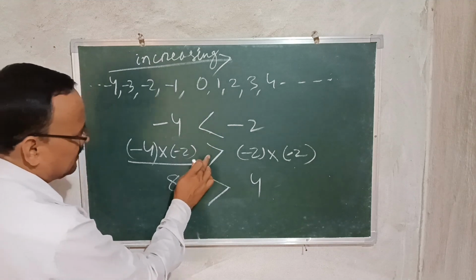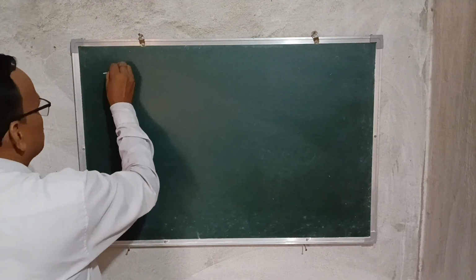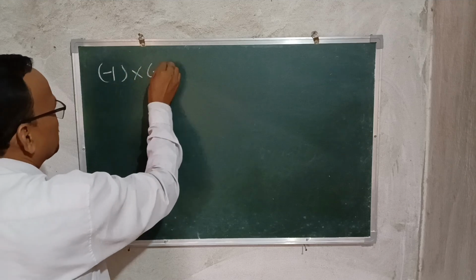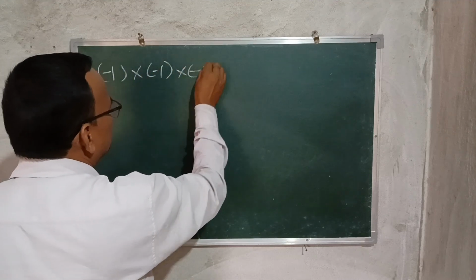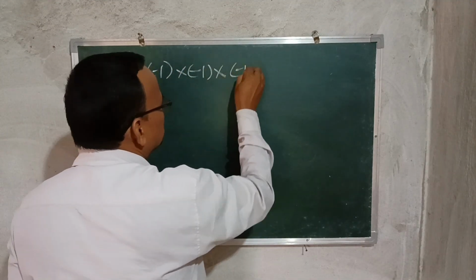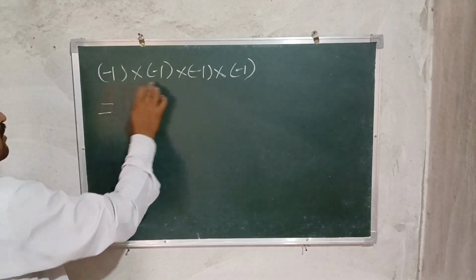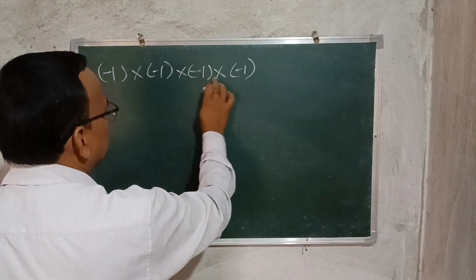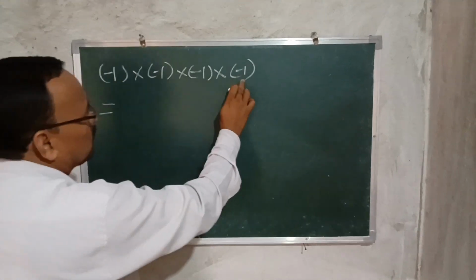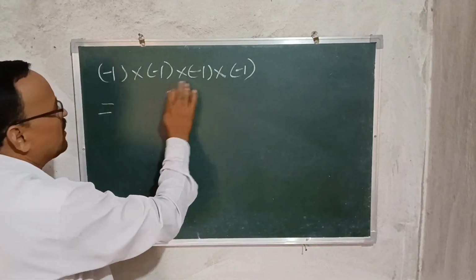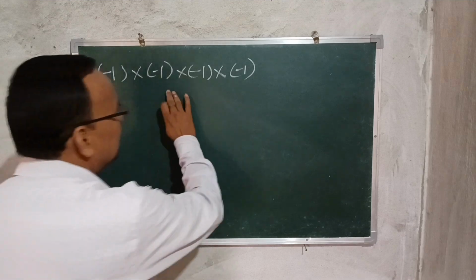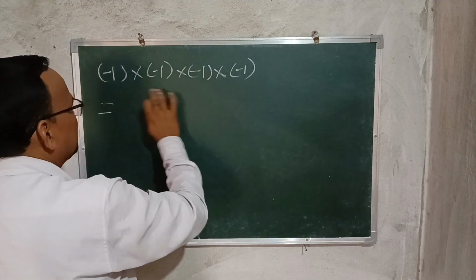Another thing, suppose minus 1 into minus 1 into minus 1 into minus 1. What will be the result? How many minus 1s are there? 1, 2, 3, 4. There are 4 minus 1s, and 4 is an even number.